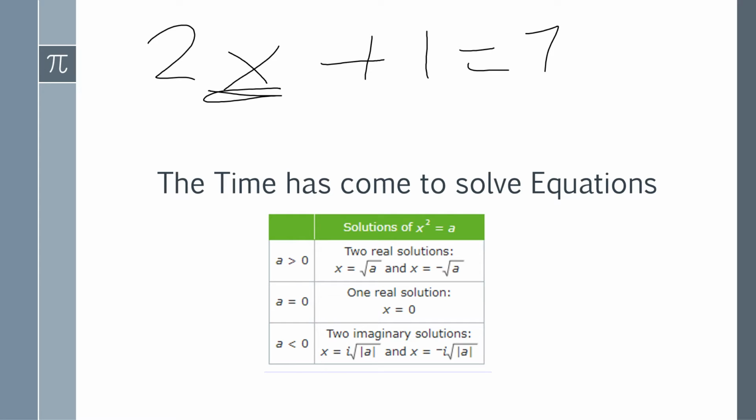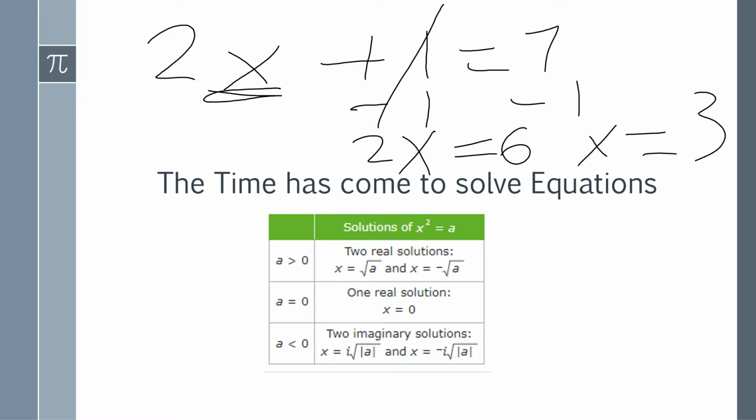And to do that, that one that is away from the x, you make that be the opposite, subtract 1 from both sides, that becomes 6. Divide by 2, x equals 3. We know that. The box in the green, you're going to see that momentarily, because there's some additional information that was taught to you guys in Algebra 1, but I may have to call it to your attention. Well, I will later on in this lesson.